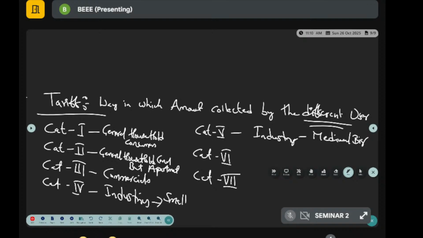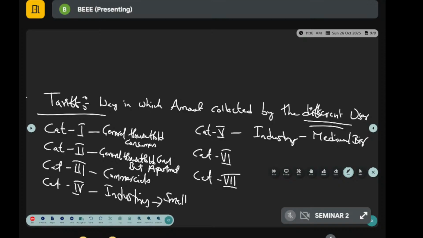Categories 4 and 5 are manufacturing industries. Category 4 is where small engineering works are there, for example Ramesh Engineering Works. They will call it a small industry. They will charge 4 rupees per unit, not 1 rupee.